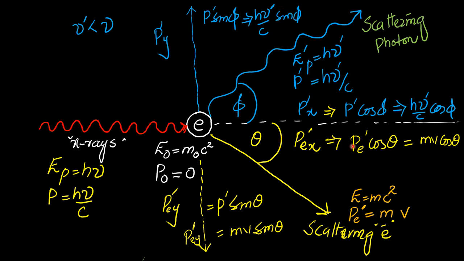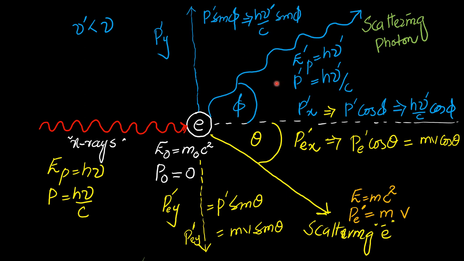Similarly, the momentum of the electron along the x-axis will be mv cos of theta, and along the y-axis it will be mv into sine of theta.